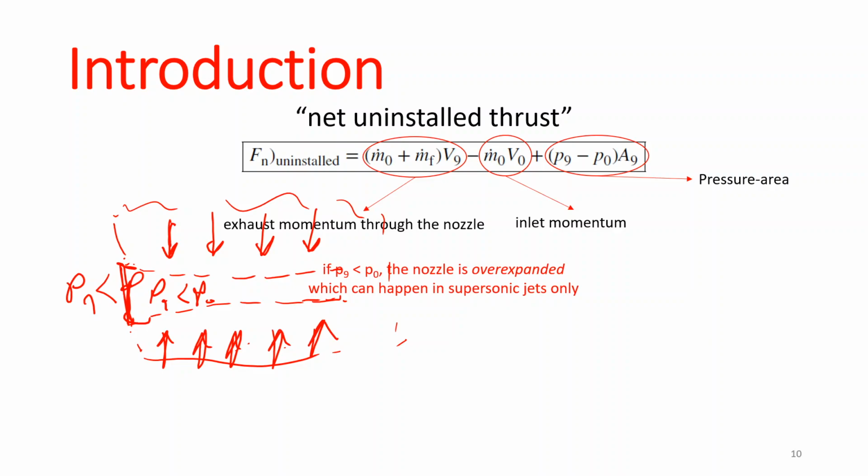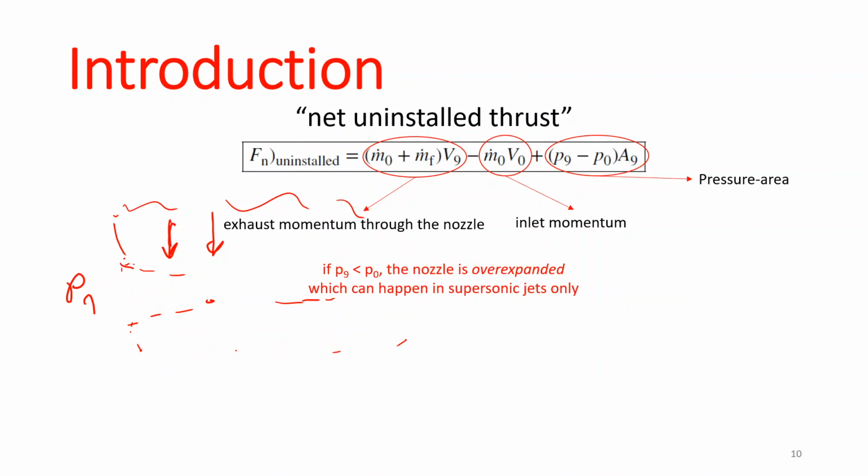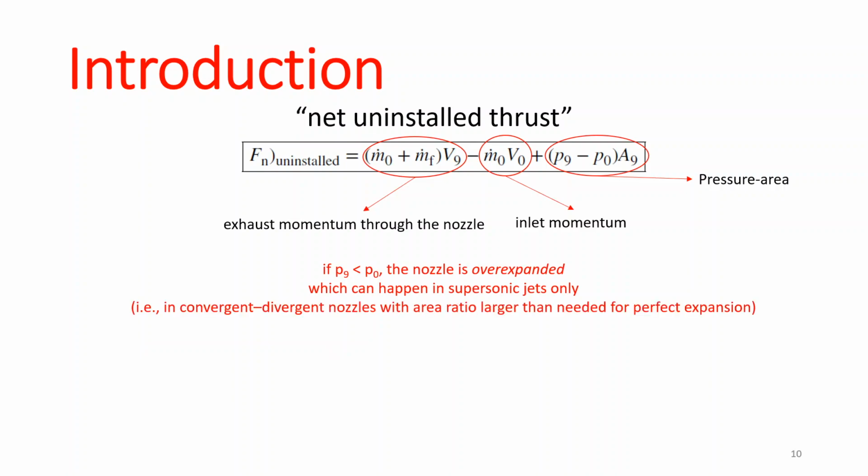And that's what you usually see when you look at the outlet of supersonic jets. So this happens when you are dealing with supersonic conditions, meaning it happens in convergent divergent nozzles with an area ratio larger than what is needed for a perfect expansion.